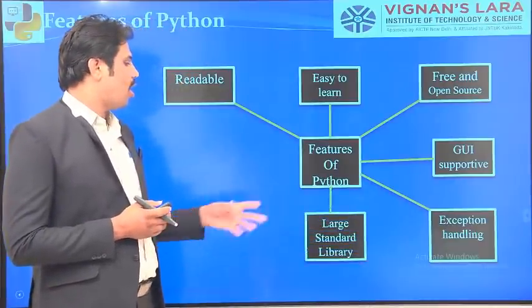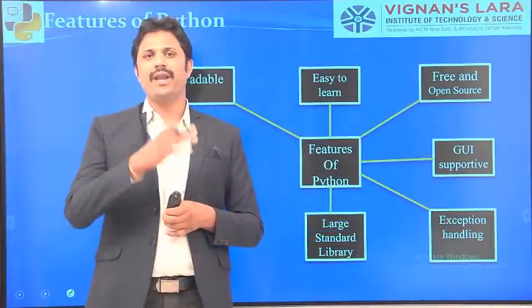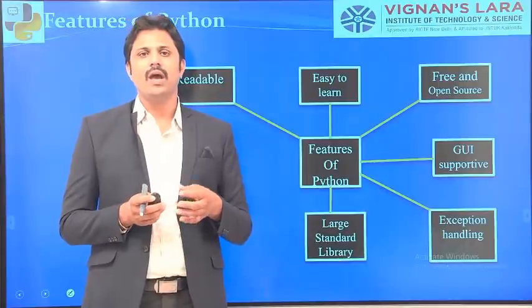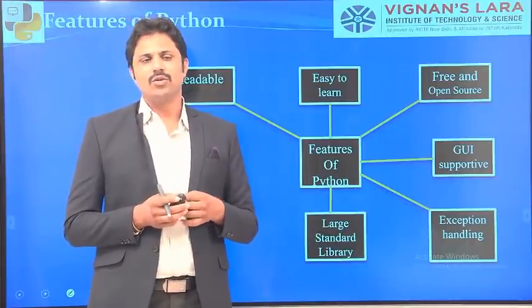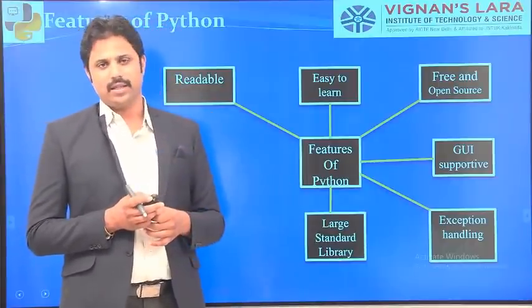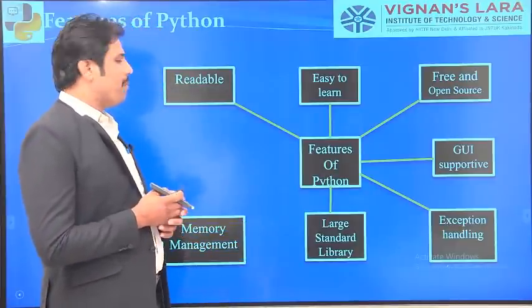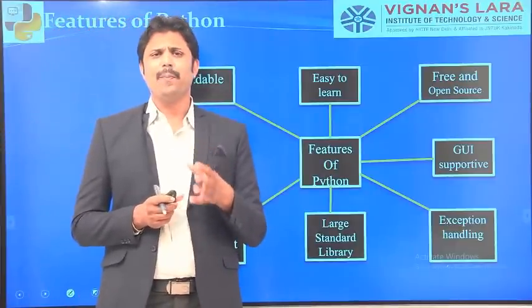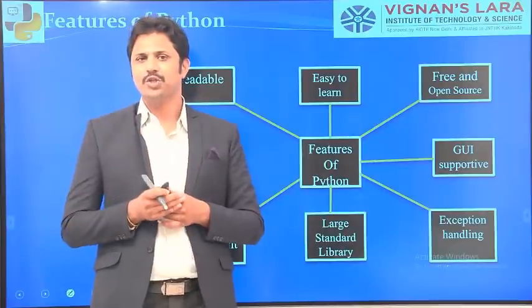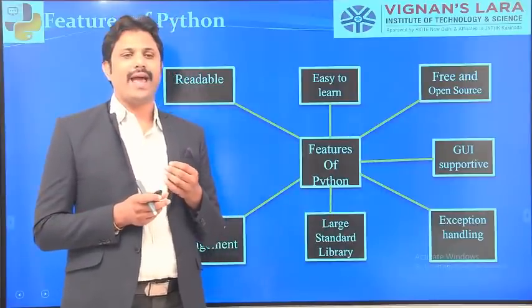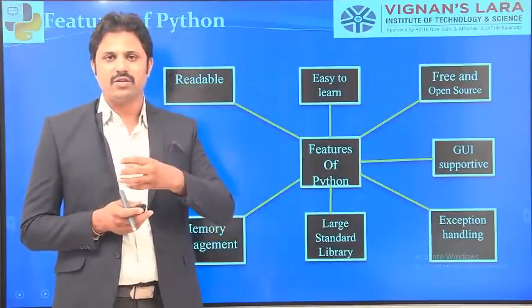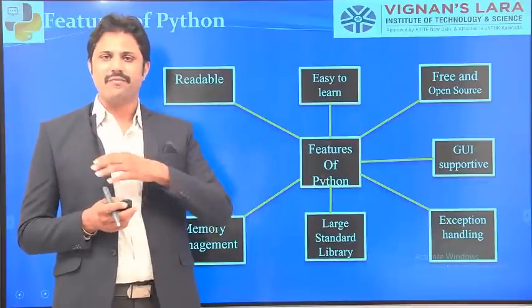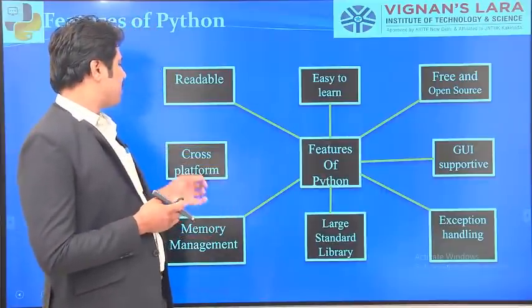Next, large standard libraries. We have so many library functions that work in Python, and those library functions are inbuilt. Next one, memory management. Python also allows memory management, with memory storage, retrieving of data, updations, everything you can do with Python. Next, cross-platform.